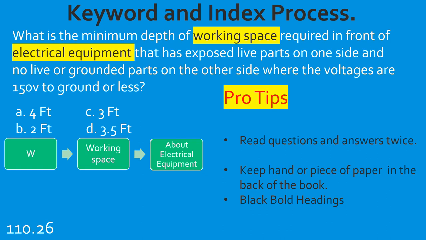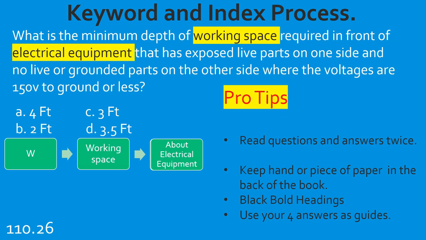So we're going to use the black bold headings to see if we are close. You know, are there any of our keywords? Are there any of our key concepts? And this is where one of the next most important pro tips comes in. So we're going to use our 4 answers that we have, A, B, C, and D, as our guide to help us decide whether or not we're going to invest the time in that paragraph.